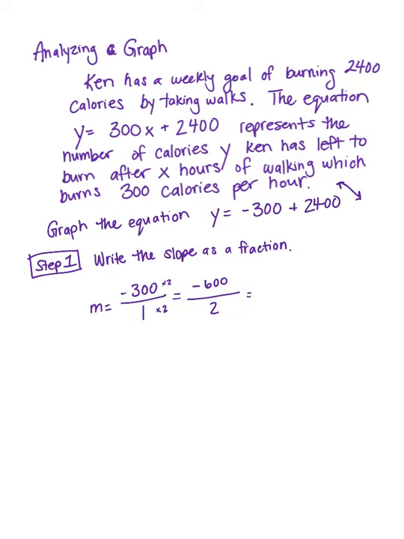So I'm going to multiply this by 3. So 300 times 3 is 900 over 3. Using the slope as negative 900 over 3 is going to help draw a more accurate graph because we can reduce that down.